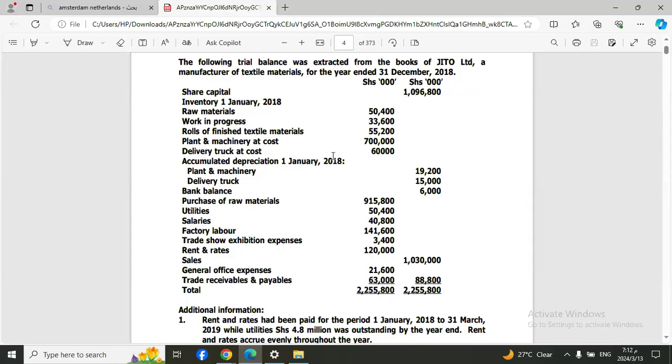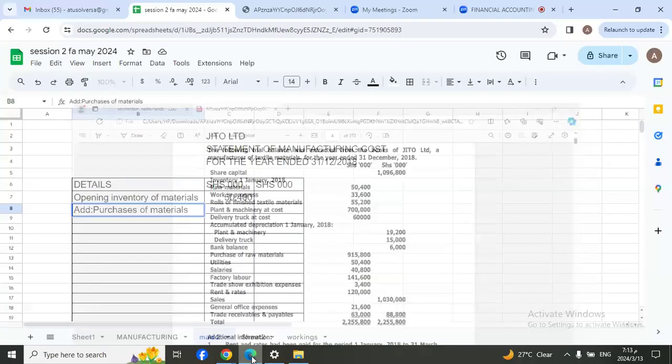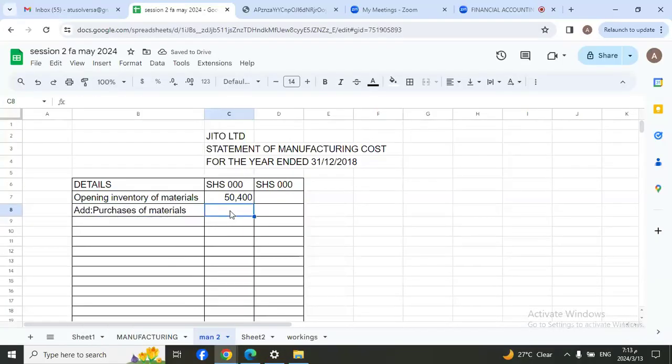We have plant and machinery at cost, delivery truck at cost, accumulated depreciation, bank balance. Here we have purchase of raw materials. So this one we are going to take, which is 915,800. I therefore come to my workings. I write 915,800.